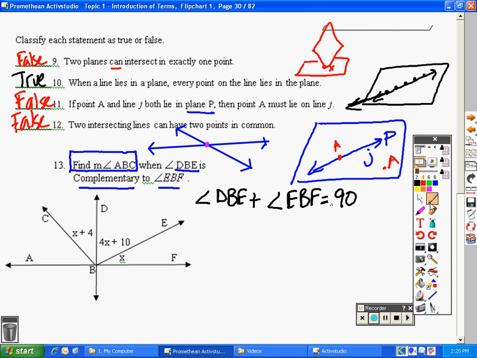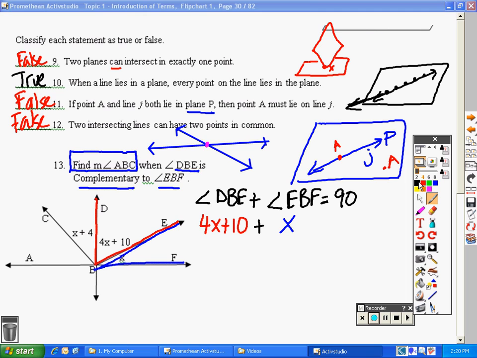Okay, so let's plug in what we know from the diagram. This angle, DBE, goes from D to B to E. So I'm going to replace that with the expression 4x plus 10, plus EBF, let me find that, EBF is replaced with the letter x.